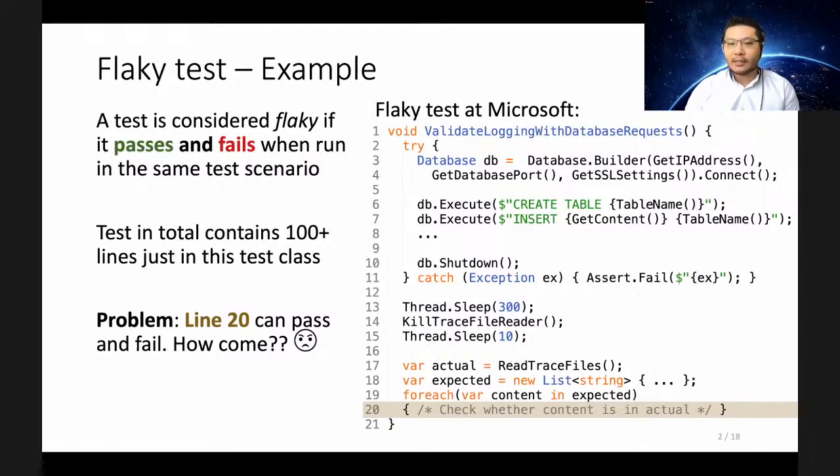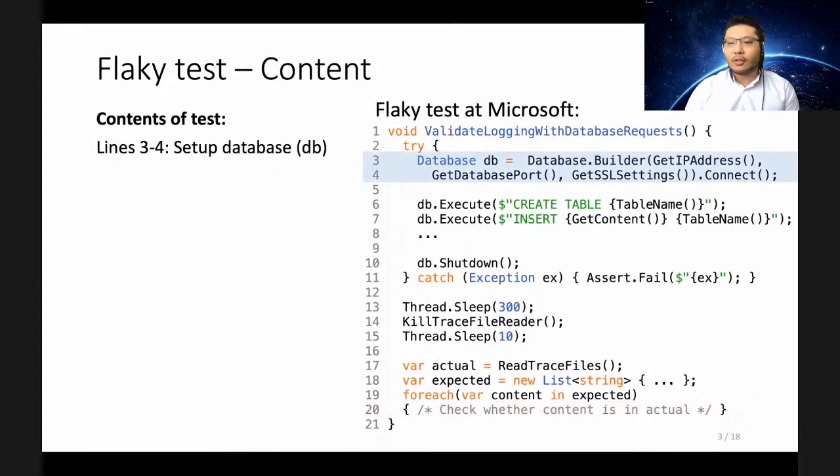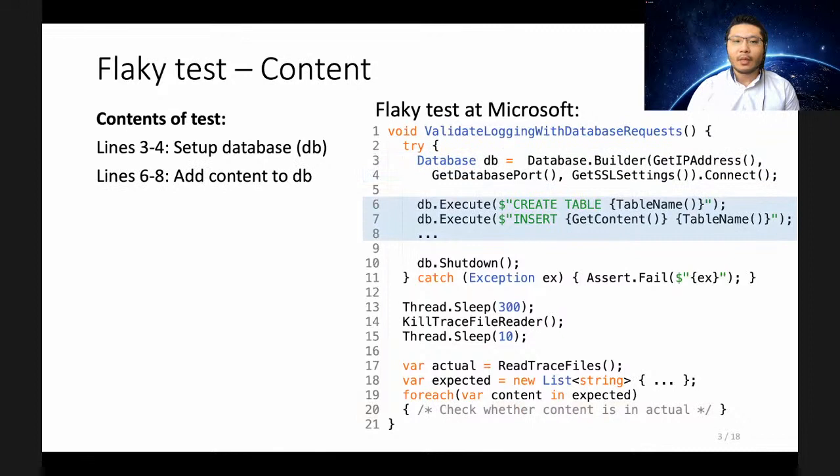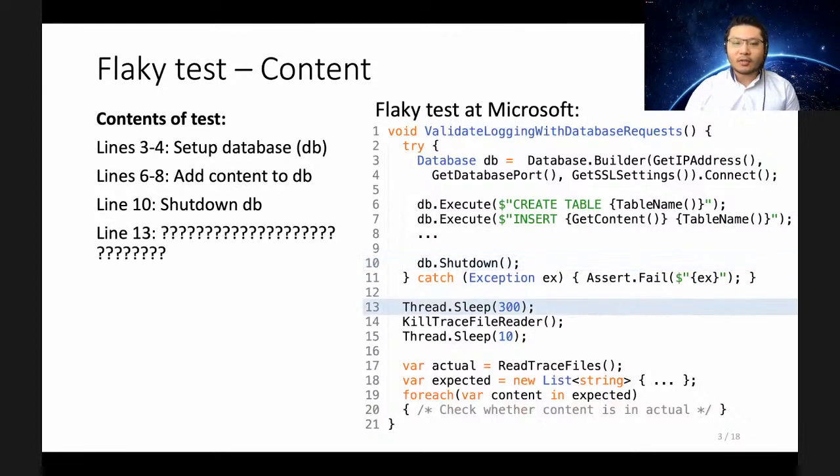Let's walk through the test together. At lines 3 to 4, we set up a database. Around lines 6 to 8, we add some content to the database. At line 10, we shut down the database. Then at line 13, we have a Thread.sleep. Essentially we're waiting for something, but it's unclear what.